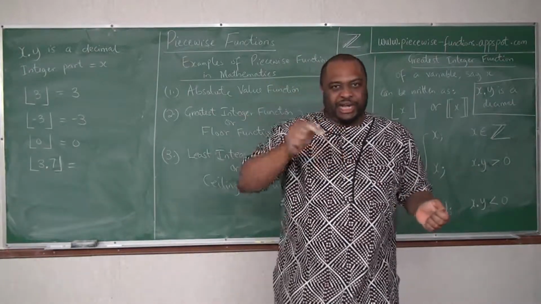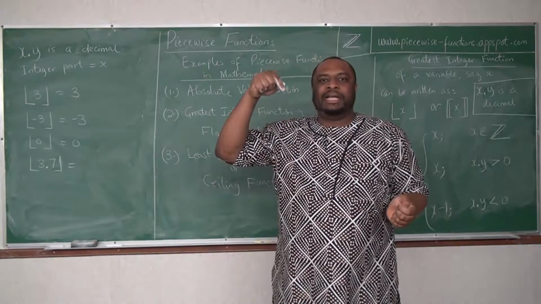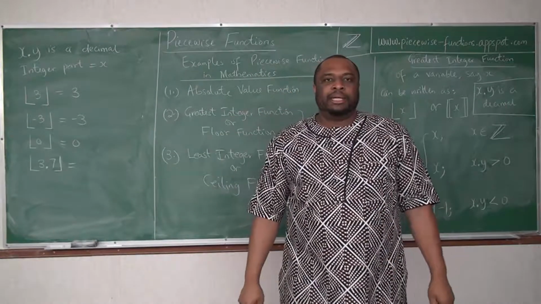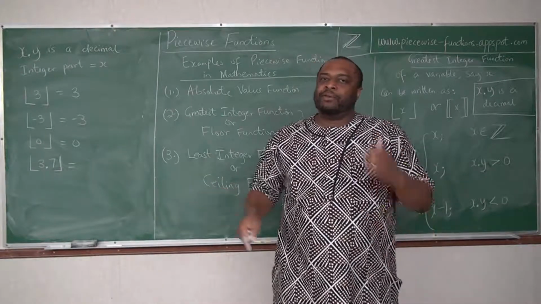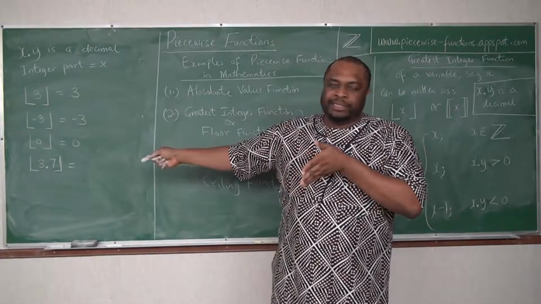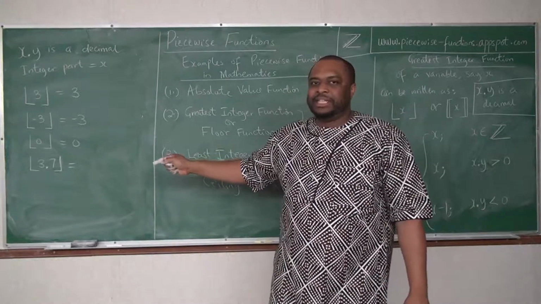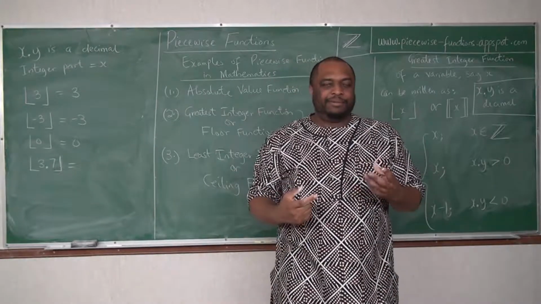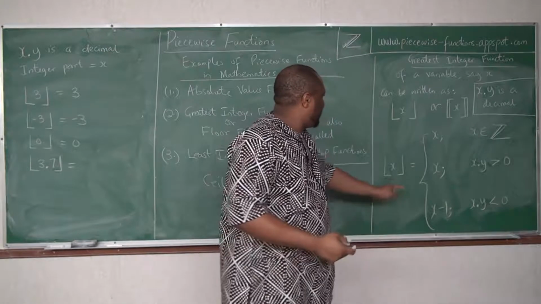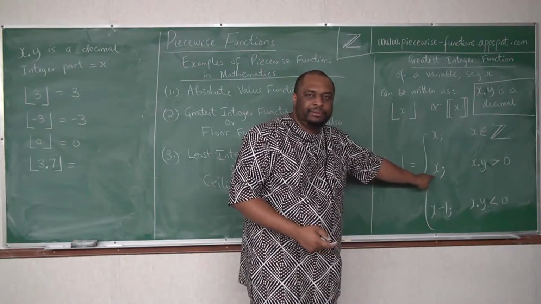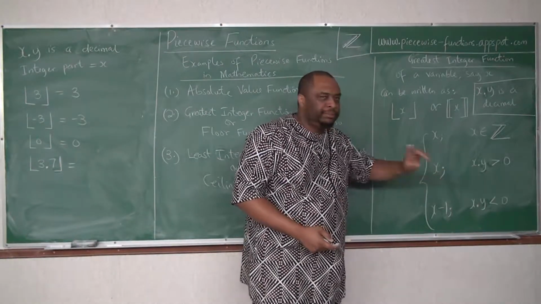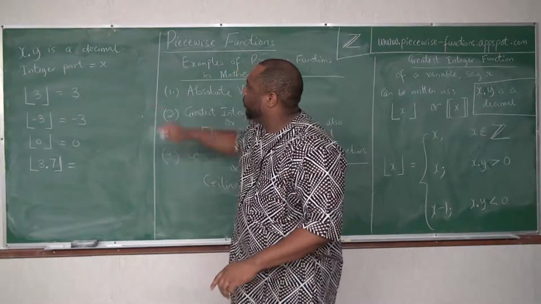But what is the greatest integer that is less than or equal to 3.7? We can't have an integer being equal to 3.7, since 3.7 is a decimal anyway. But the greatest integer that is less than 3.7 is 3. As you can see, if it's a positive decimal, just put the integer part, which is x.